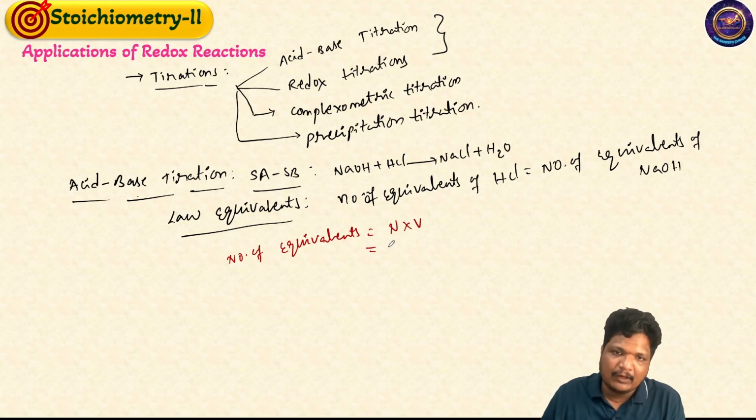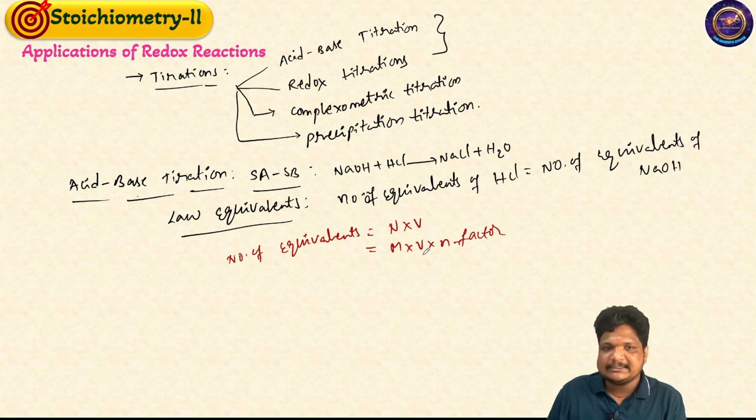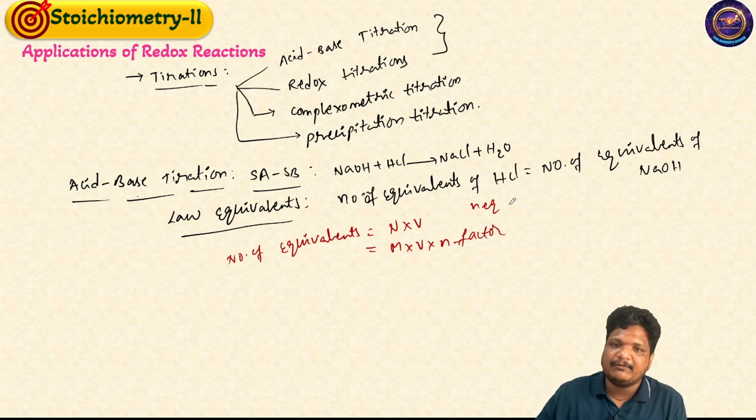If molarity is given, then it is molarity into volume into n factor. If you take volume in liters, it is equivalents, and if you take milliliters, it is milliequivalents. So the number of equivalents of acid is equal to the number of equivalents of base.